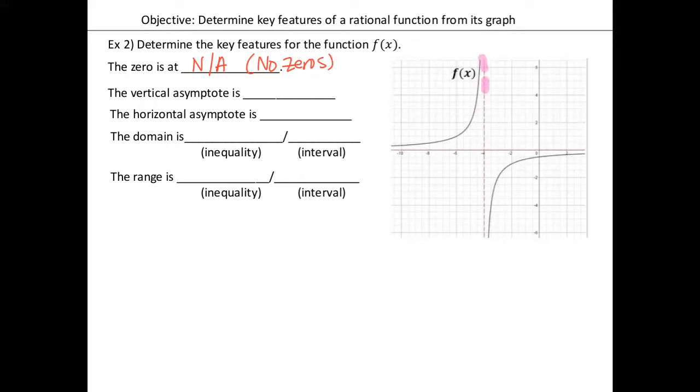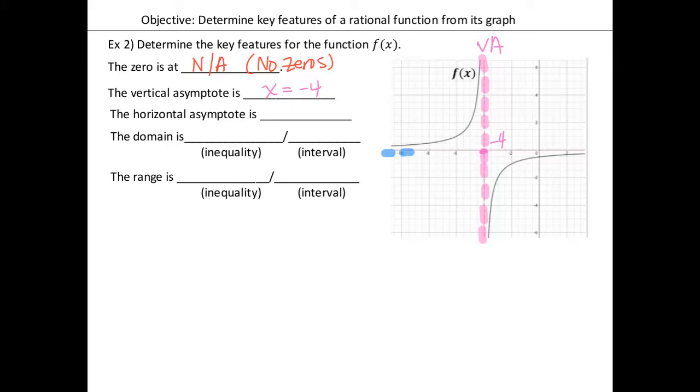Vertical asymptote, let's go ahead and try this one again. Vertical is going top to bottom. I'm looking at what value on the x-axis is that crossing. That is crossing at -4. And that is an x value. So I have x equals -4 is my vertical asymptote. And the horizontal asymptote is the one that's going from left to right.